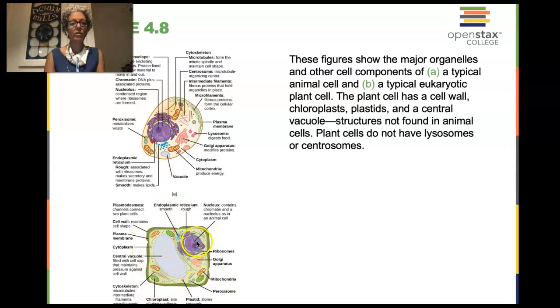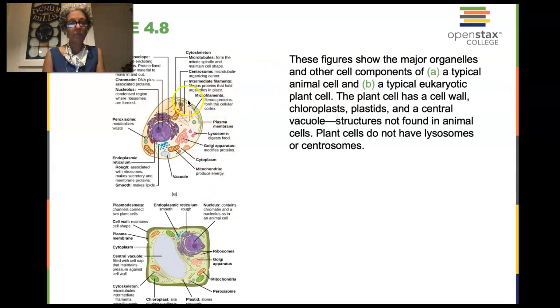They both have a nucleus. They both have these little jelly beans that are the mitochondria. But the plant cell has this big space in it called the central vacuole. That is a way to control the water content in the cell and to maintain the pressure against the cell wall to keep this plant cell filled.